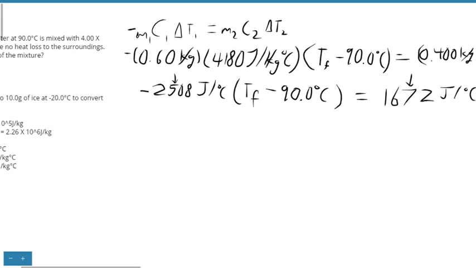All we can do now is distribute the front term to what's inside the bracket. So we get negative 2508 joules per degree Celsius times TF, and minus, multiply the 2508 times 90, we get 225720.